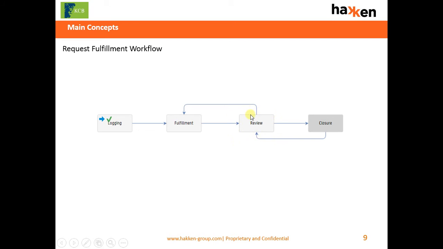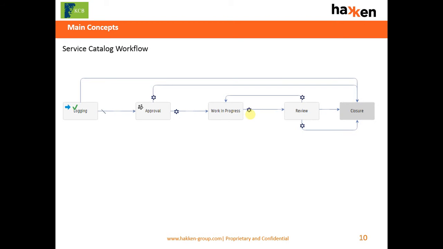At this point, the interaction is moved automatically to the review phase. In this phase, the interaction needs to be reviewed by the end user. The end user will go to the self-service portal and approve or deny the record.